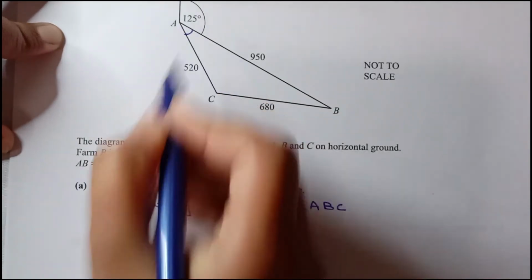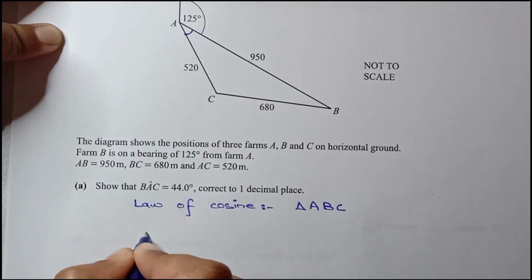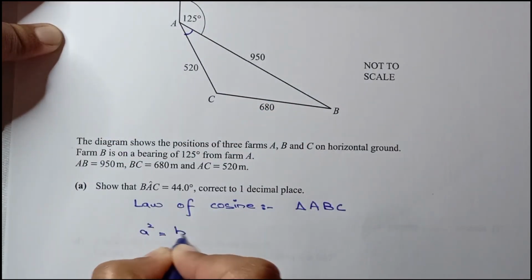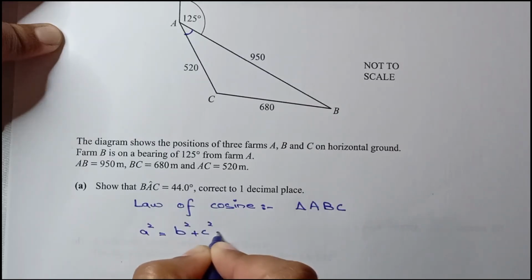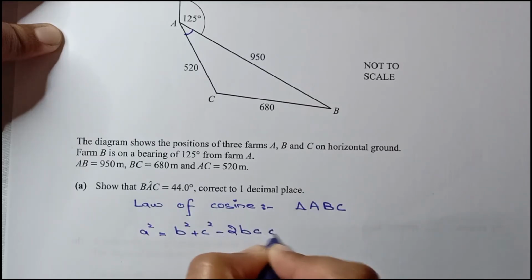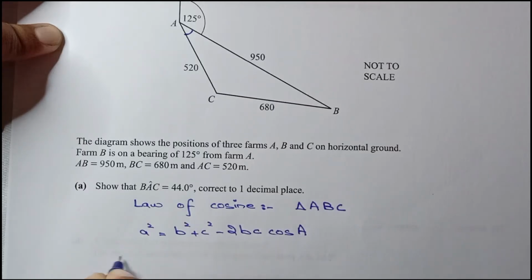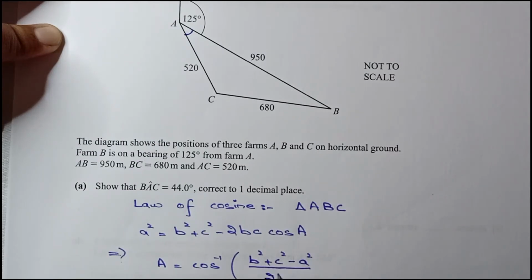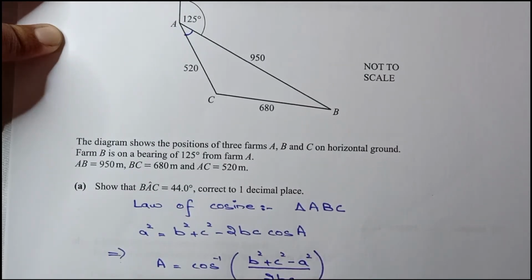We need to find the angle A, so the law of cosine would be a square equals b square plus c square minus 2bc cos of angle A. So from here the angle A would be equal to cos inverse of b square plus c square minus a square divided by 2bc. Now let me substitute all the values.